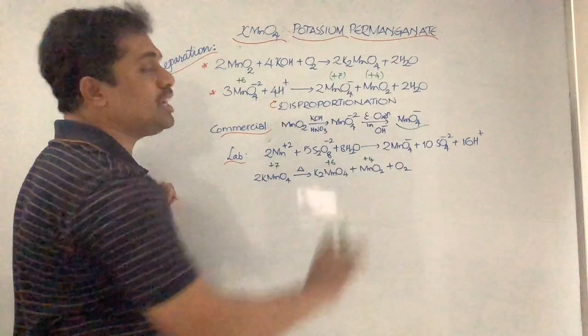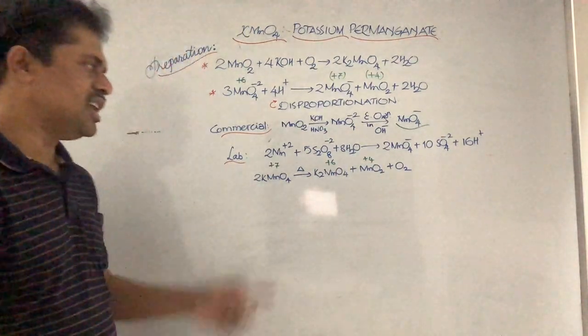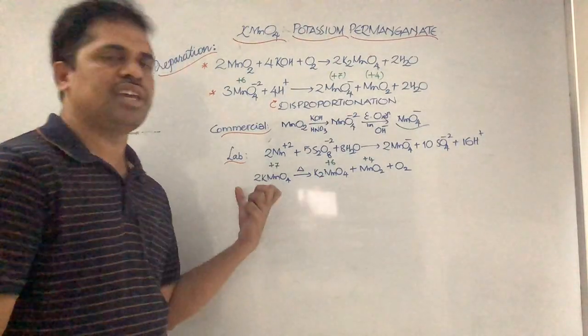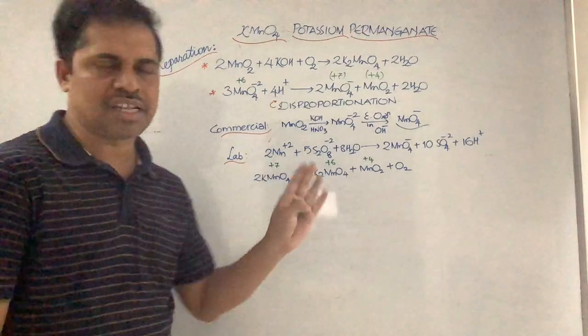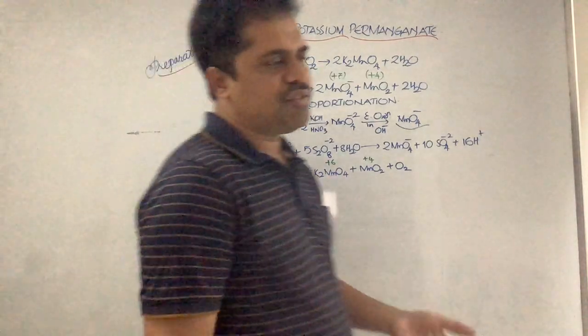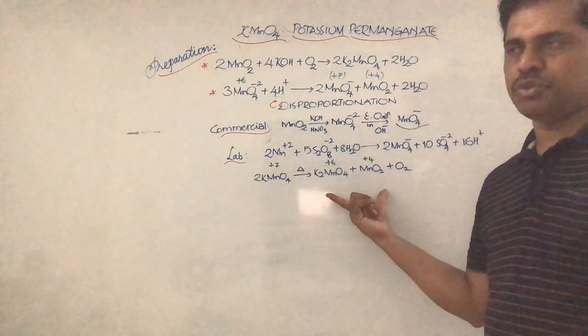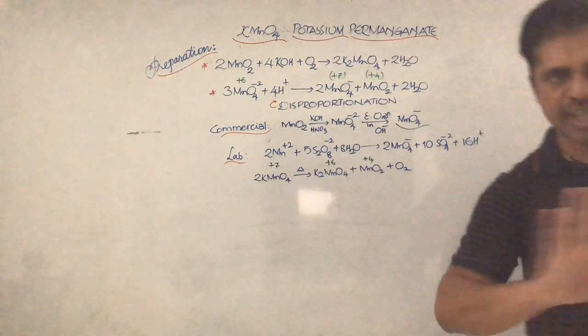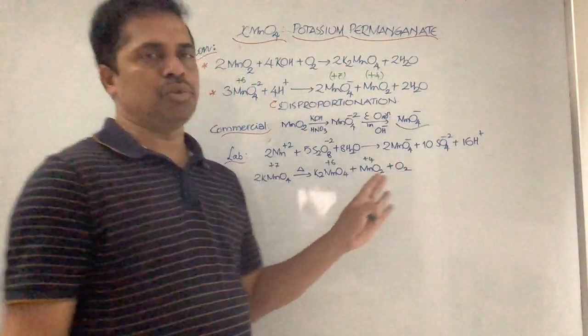So it is decomposed: on heating, KMnO4 decomposes to K2MnO4 as well as MnO2. This reaction is not disproportionation and not comproportionation, because these oxidation states are not intermediate to the other two. So this cannot be considered under disproportionation or comproportionation, it is just a decomposition reaction.